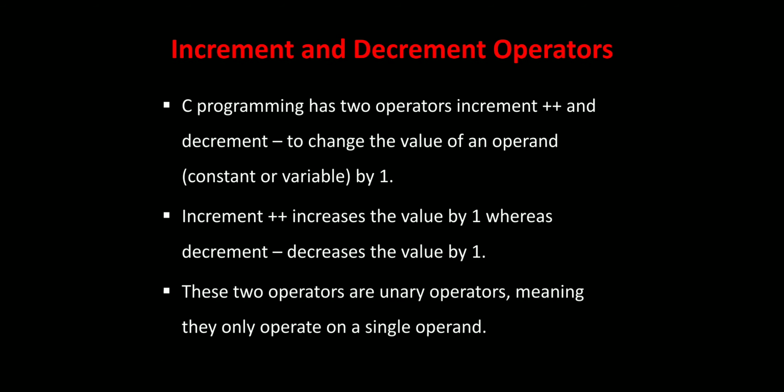The next operators are the increment and decrement operators. C programming has two such operators. Increment means double plus, and decrement means double minus. They change the value of an operand by 1.